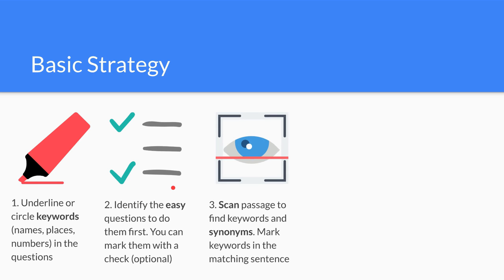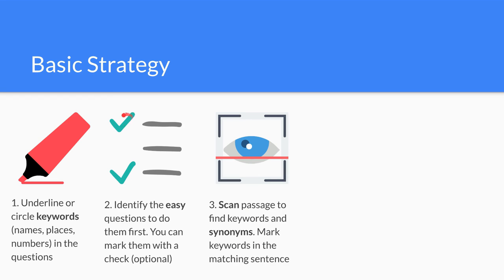Next, number 3 is to scan the passage to find the keywords and also to find the synonyms. So remember, you underlined these keywords in step number 1? Well, in step number 3, you're going to be looking for those keywords. And remember, we're not just looking for all the keywords. First, we are looking for the keywords to the easy questions.